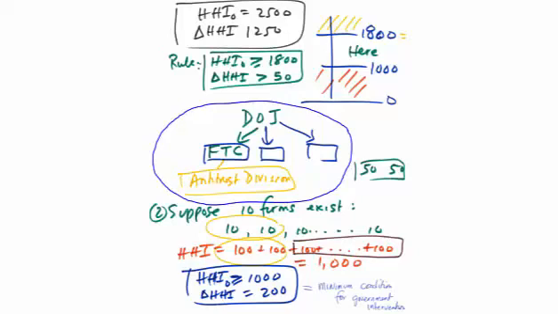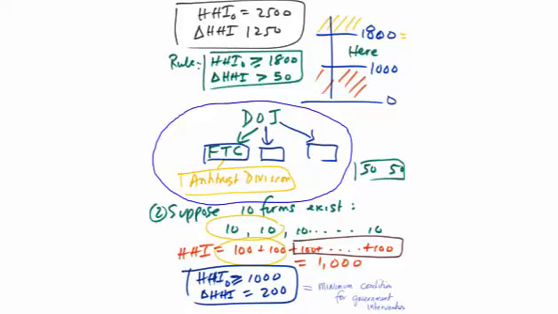We have 8 firms, 10% each, so their contribution to the HHI is 10 squared, 8 times, which is 800. And the newly merged firm is 20% of the market. 20 squared is 400.